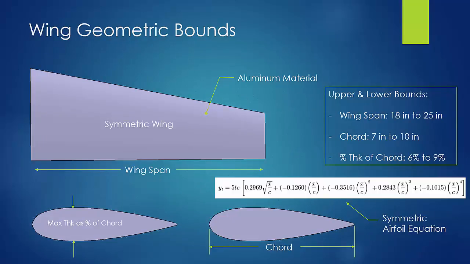The wing geometric bounds for the project, as you can see on the screen, are the wingspan, chord, and percent thickness. The critical thing here is a symmetric airfoil equation that had to be put into CATIA in order for all the parameters to be tied parametrically, in order for the optimization workbench to work efficiently and give us our minimum weight.